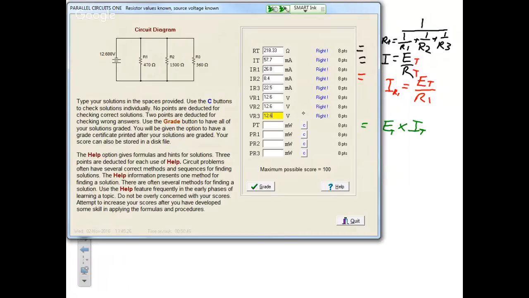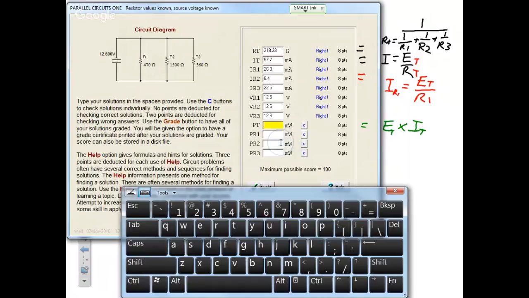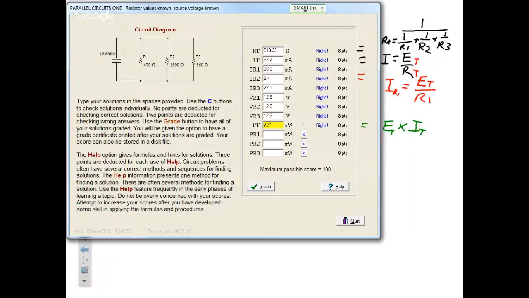If we move the decimal place three places, we have 727 milliwatts for our total. So we'll enter 727. Let's check that. And we are correct.